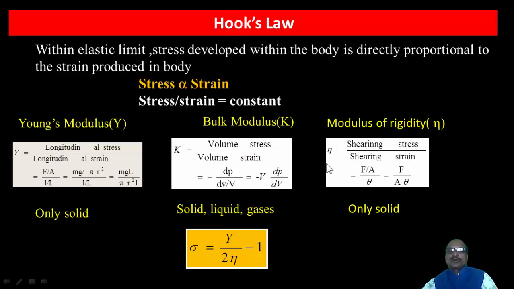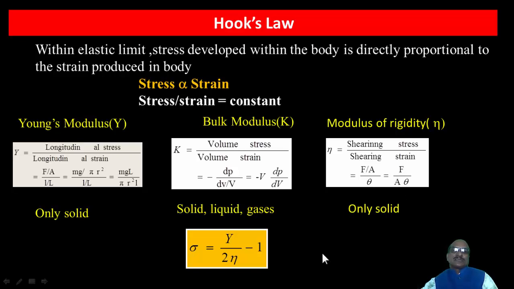One more constant is the modulus of rigidity eta, which is also found in the case of solids only. The modulus of rigidity eta is given as shearing stress upon shearing strain. Shearing stress is the shearing force or deforming force per unit area, upon the shearing strain theta, or the modulus of rigidity eta is equal to F upon A theta.